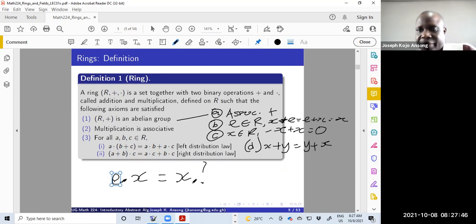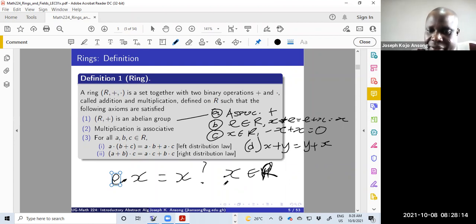There are some rings which have multiplicative identities, but in general, you don't need a multiplicative identity to have a ring. Also, you don't need to have a multiplicative inverse. So if I have x being an element of the ring R, I don't need to have x inverse, or 1 over x, to be the inverse of it.